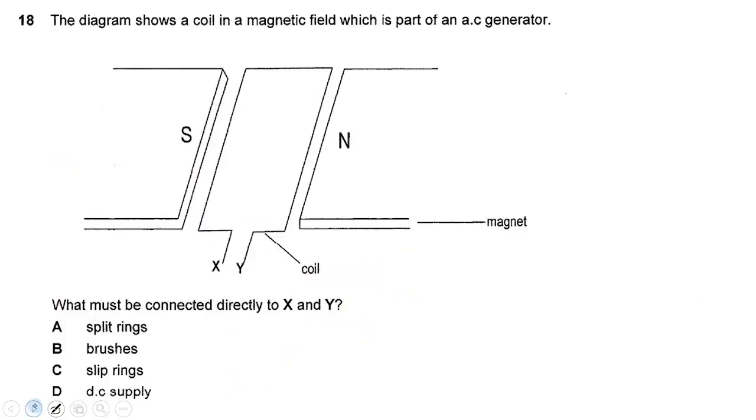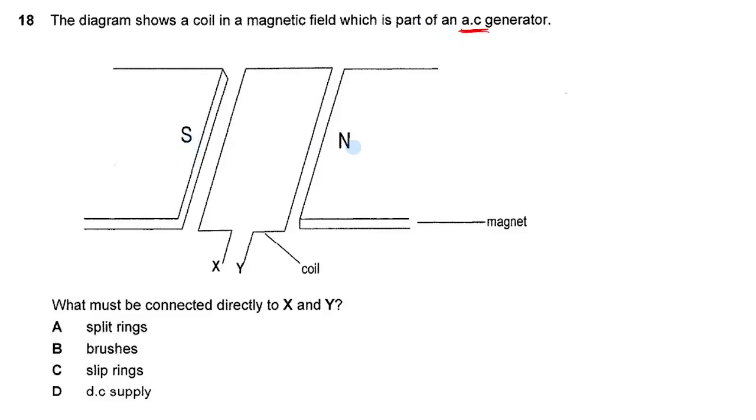So let's continue. Here they're saying the diagram shows a coil in a magnetic field which is part of an AC generator.